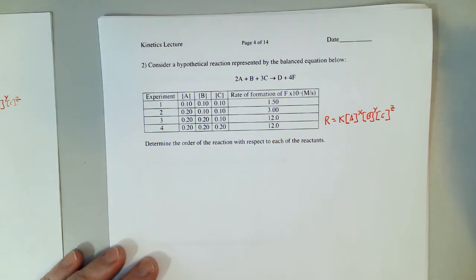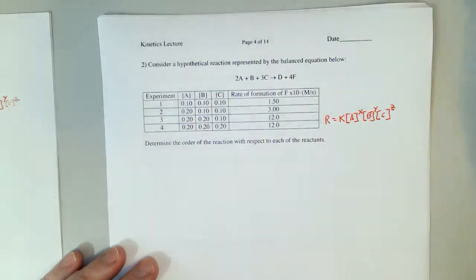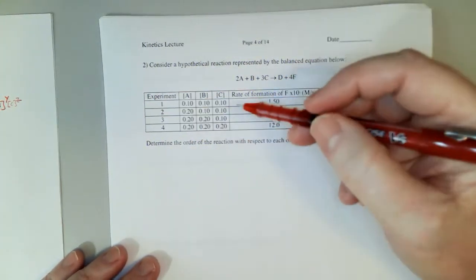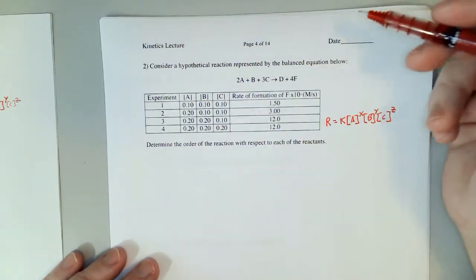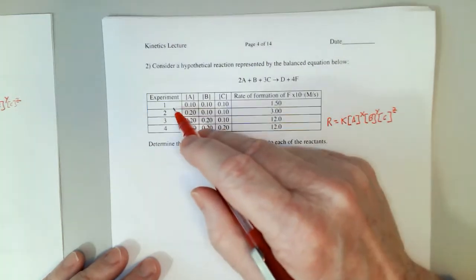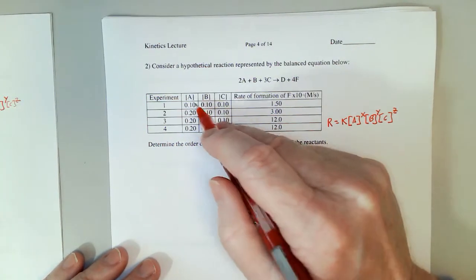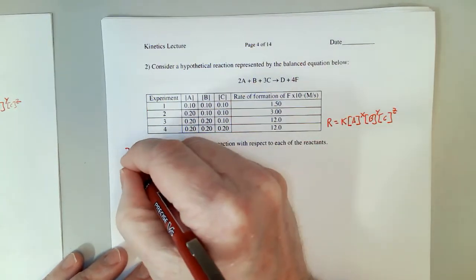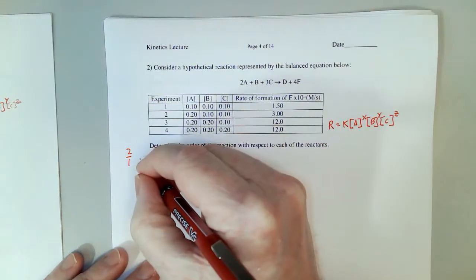So I want to choose two experiments where only one of the factors is going to change. So from trial 1 to trial 2, only a changes. So I can compare 2 and 1.